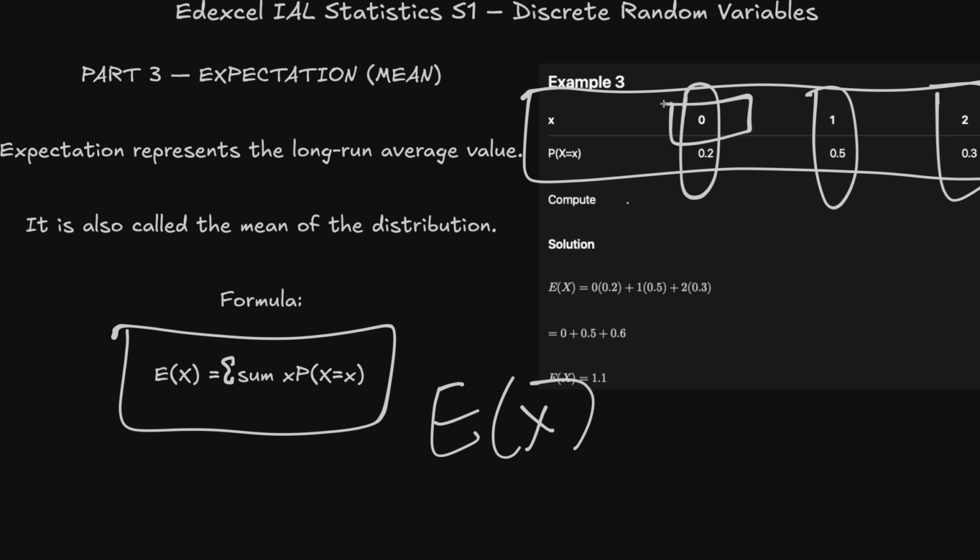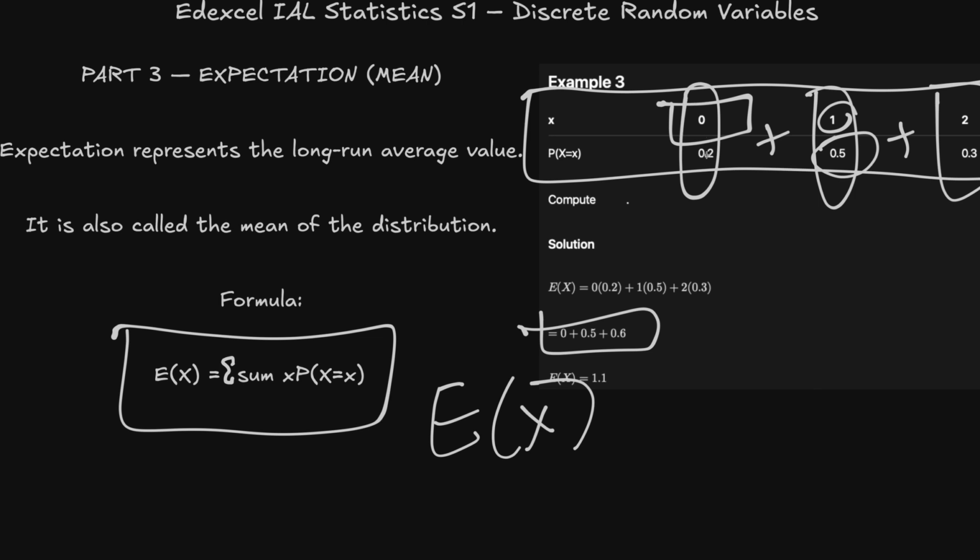The possible value multiplied by its probability, in addition to the other possible value multiplied by its probability, and the same as we go on in the table. And then we add everything up.